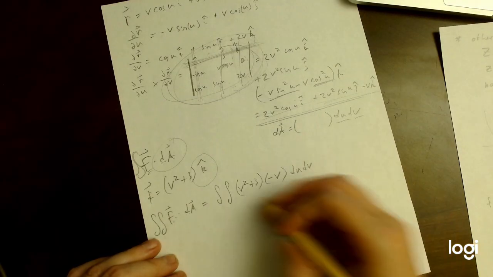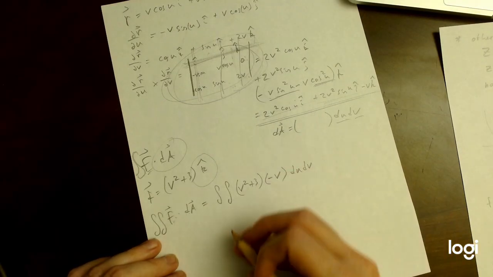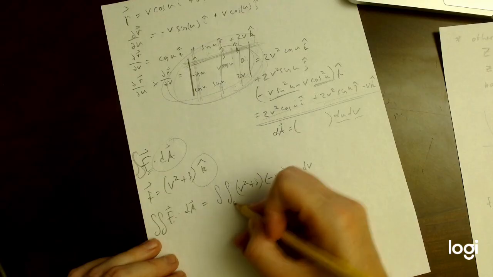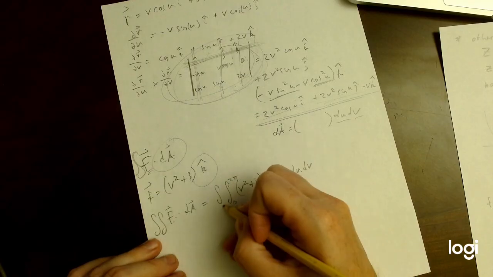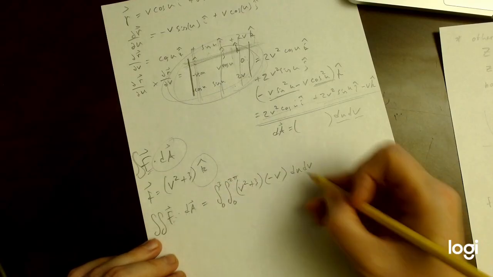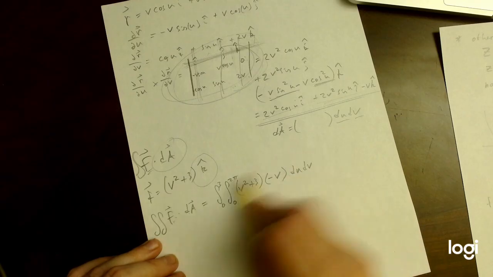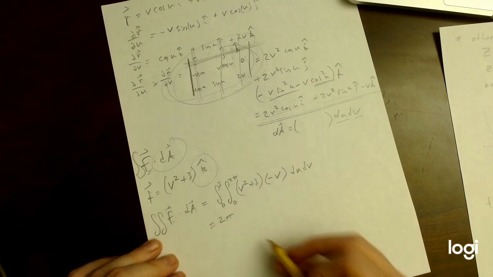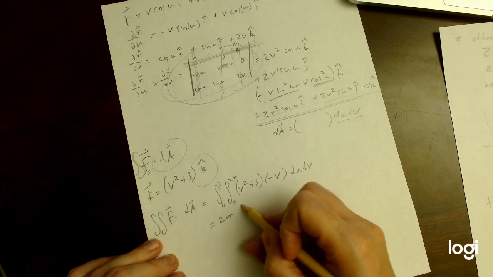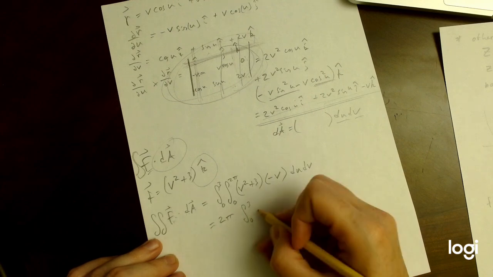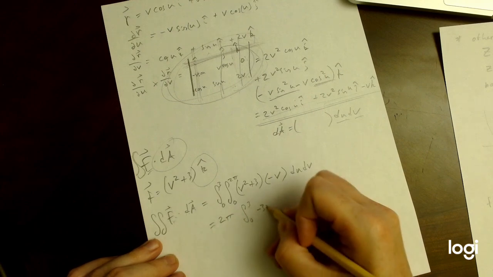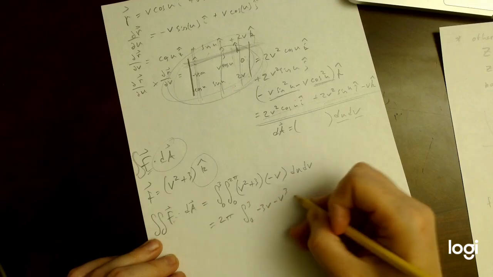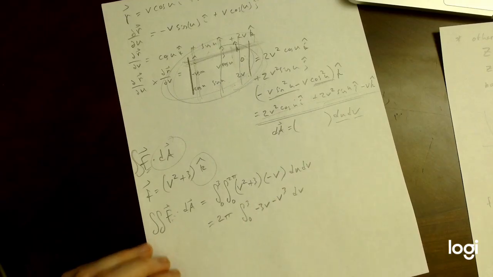So u goes from 0 to 2 pi, and v goes from 0 to 3. Since none of this depends on u at all, I'll immediately pick up a factor of 2 pi. And then I just have an integral from 0 to 3 of minus 3v minus v cubed dv.